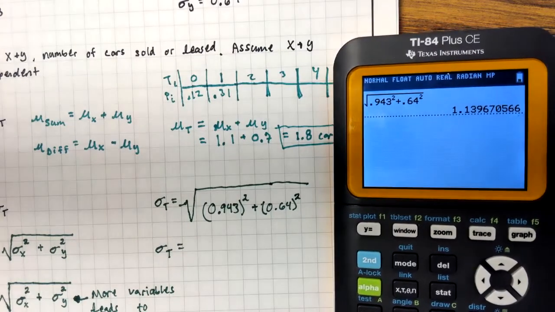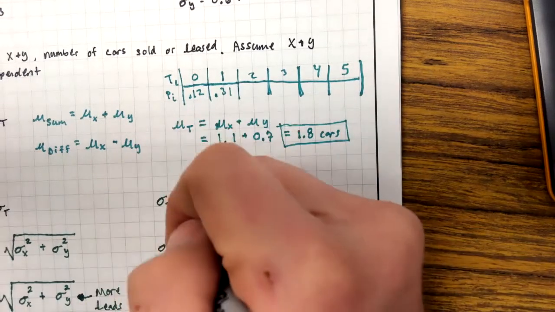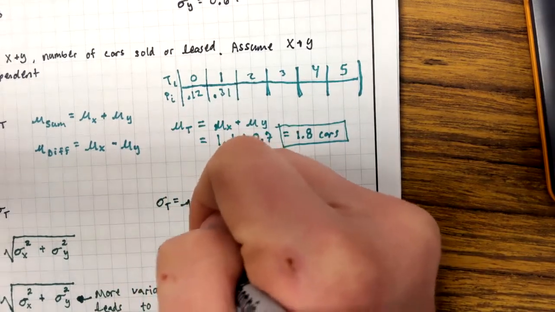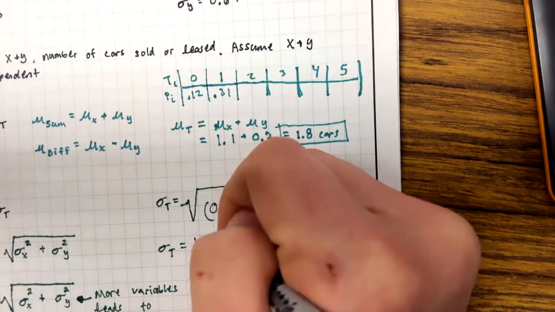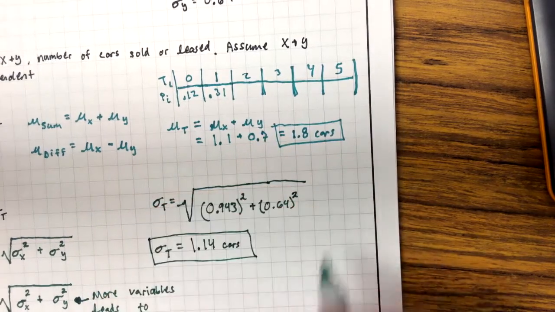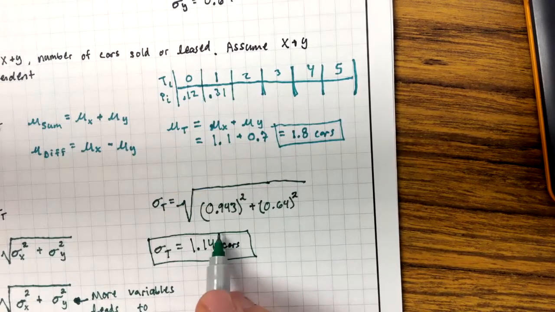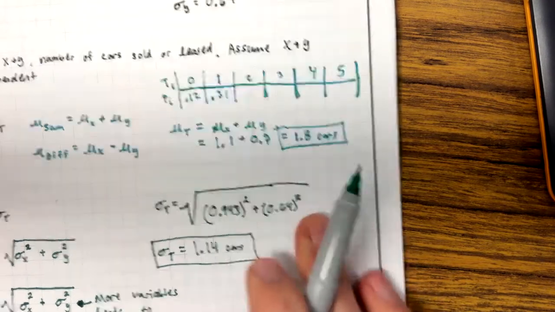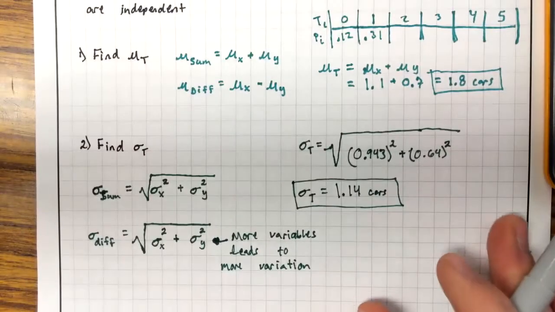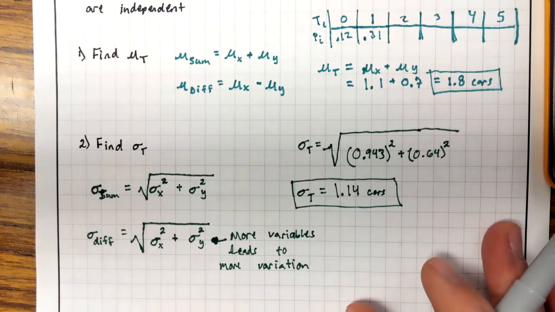I'll just round to the nearest hundredth on this one, 1.14. Okay, so we would know that the typical amount of cars that we vary by is 1.14 to this mean of 1.8. So that's really the gist behind combining means and standard deviations for random variables.